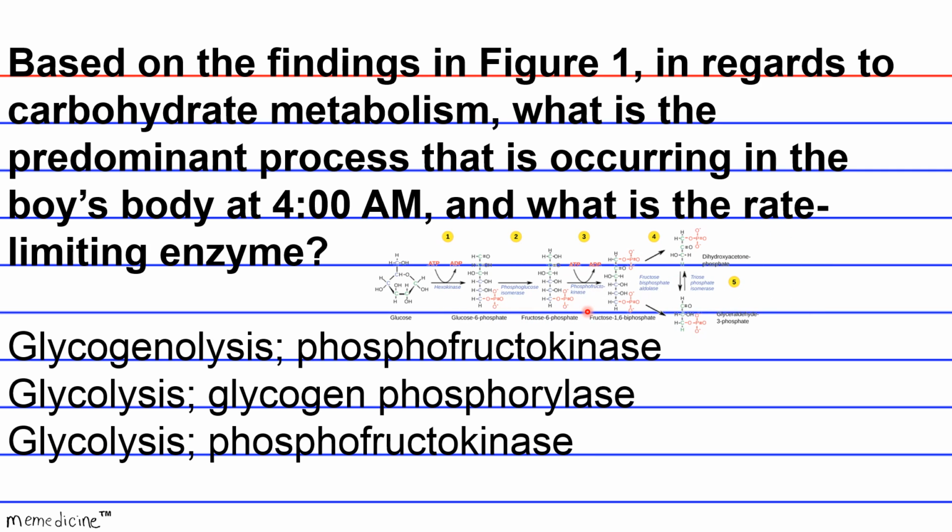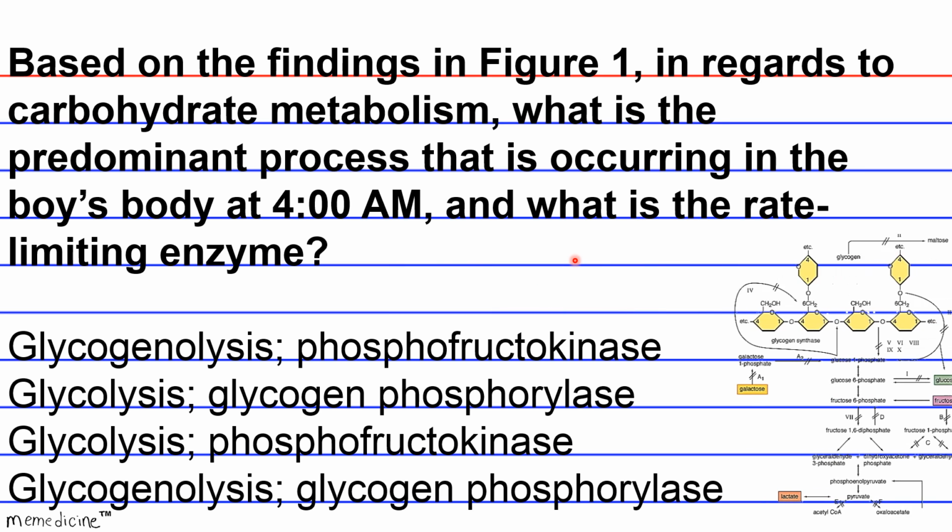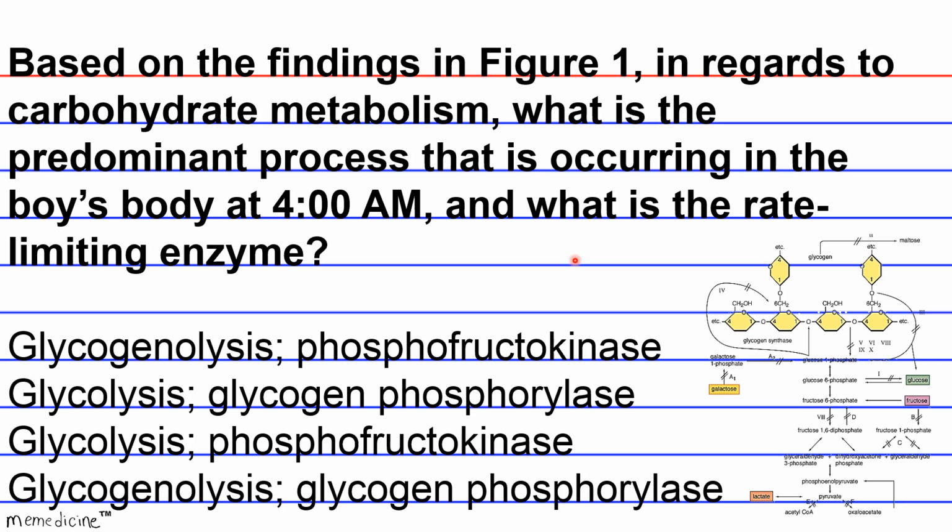Is it glycolysis and phosphofructokinase? Earlier I mentioned to you what phosphofructokinase was, and here it goes acting at step 3 in the glycolysis process, again transferring a phosphate group irreversibly to fructose 6-phosphate, yielding fructose 1,6-bisphosphate, okay, and an ADP molecule, as we can see here. Or is the answer D, glycogenolysis and glycogen phosphorylase?